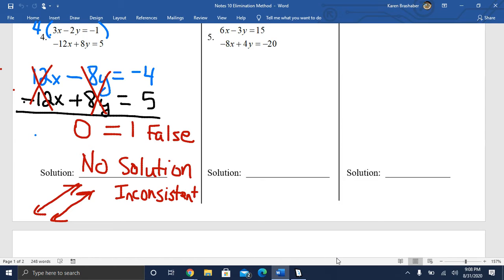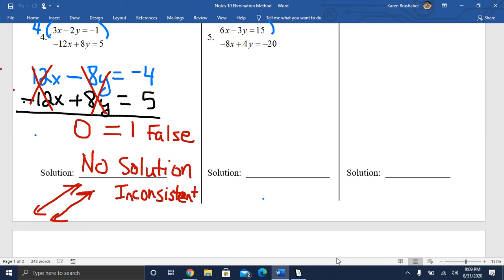And as we go on to our second problem on this video, number 5, I'll concentrate on the y's this time. Since it's 3 and 4, those are smaller numbers. I'll try to get 12 again, only this time I'm going to have to multiply both equations.